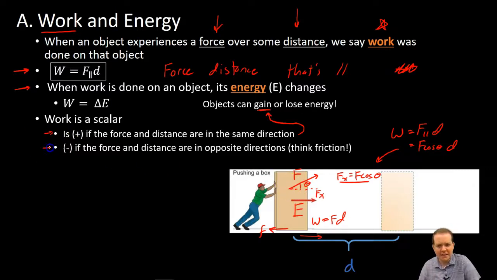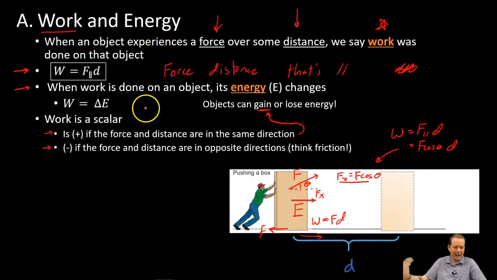But look down here at this second bullet point. The frictional force is acting in the opposite direction. So when that box is moving and there's friction, those are in opposite directions. We're going to say that the work is negative, and that makes sense based on this idea. Because you could pretty easily imagine, I bet, that friction removes energy.